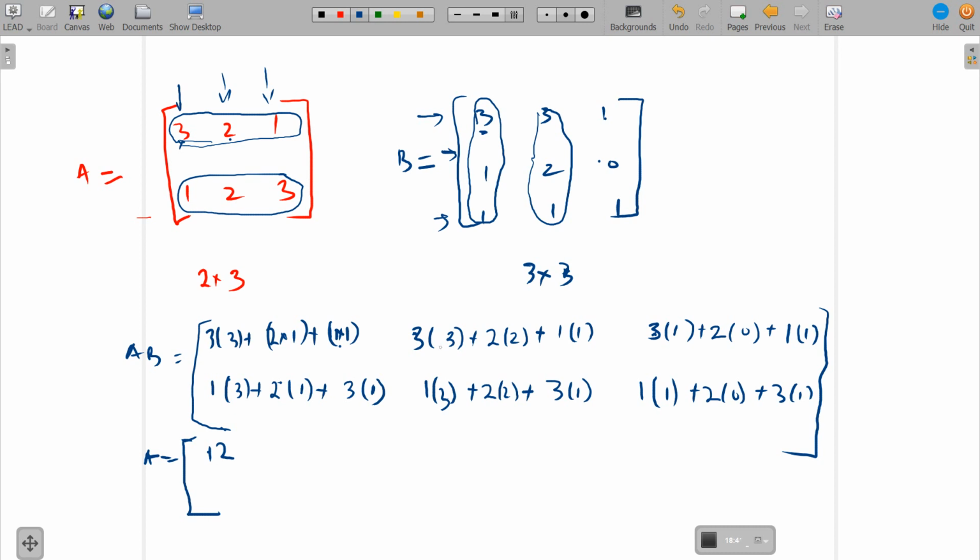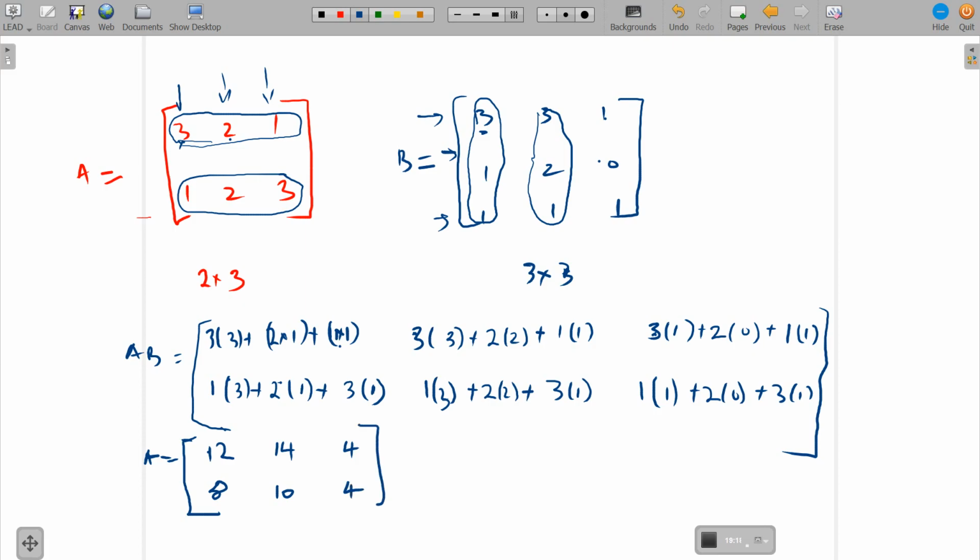Then here, this is 9 plus 4, which is 13 plus 1, which is 14. Then here we have 3 plus 0 plus 1, which is 4. And down here we have 3 plus 2 plus 3, which is 8. Here we have 3 plus 4, which is 7 plus 3, which is 10. And here we have 1 plus 0 plus 3, which is 4.